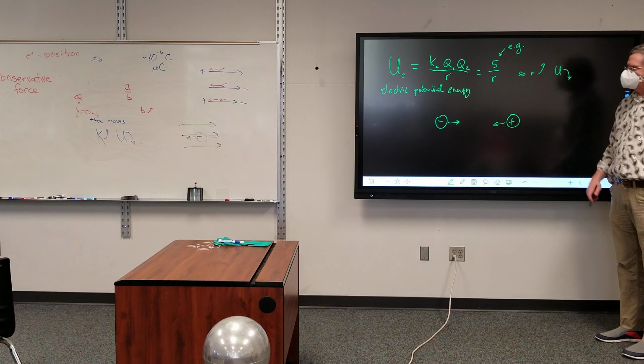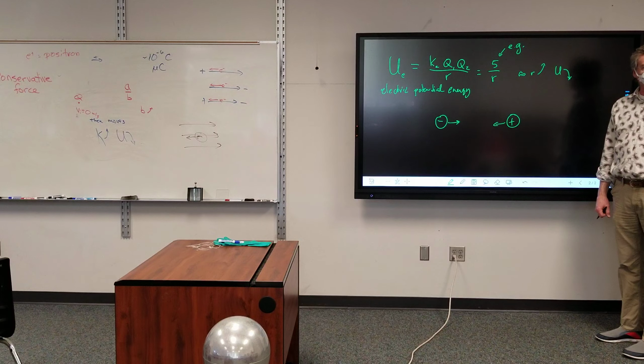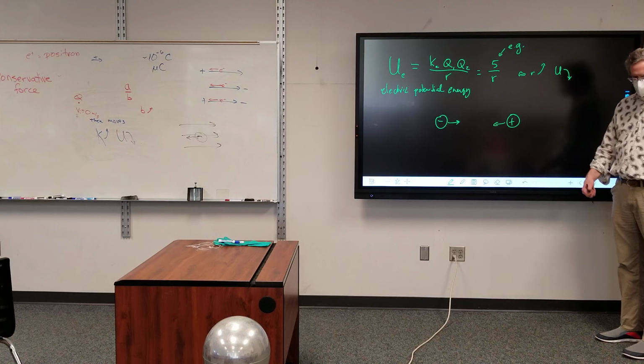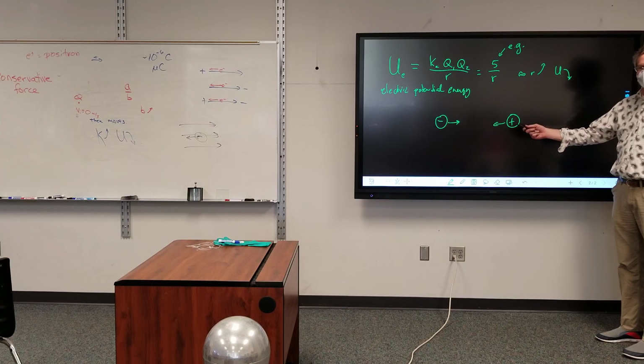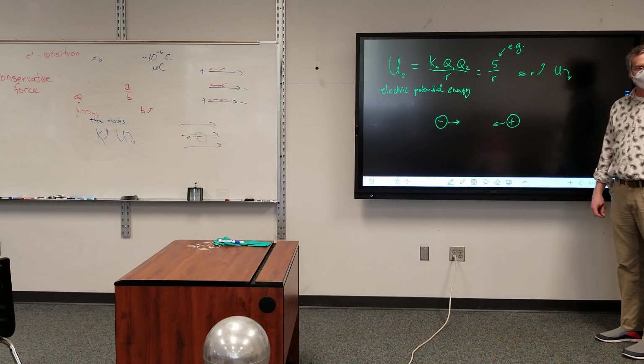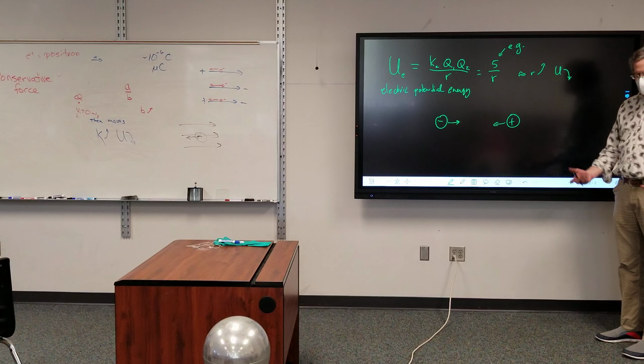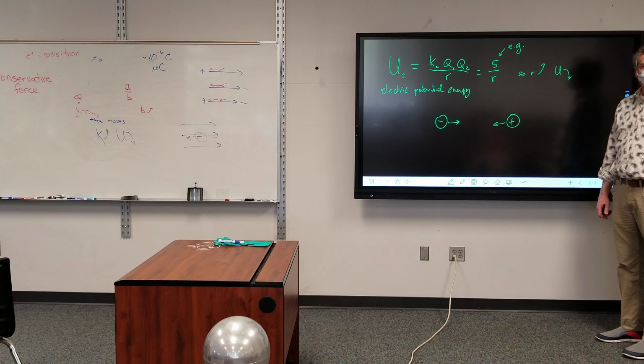If R is getting smaller, does that mean my potential energy is getting bigger? Which means if I'm gaining potential energy, I have to be losing kinetic energy. Which doesn't make any sense, because if it starts at rest and starts to move, my kinetic energy increases. How can I have both potential and kinetic increasing?